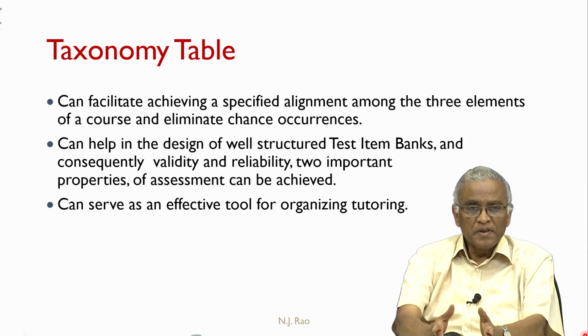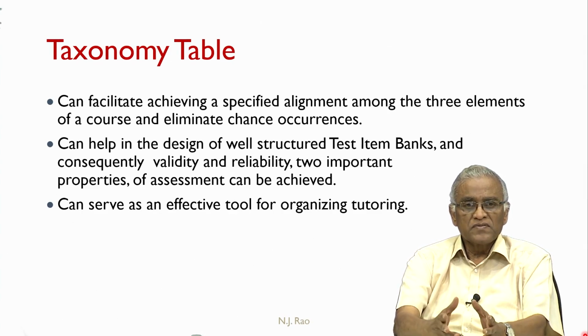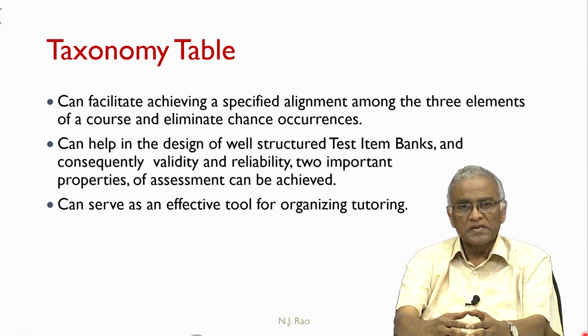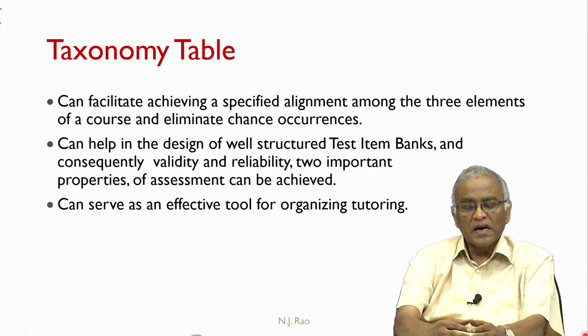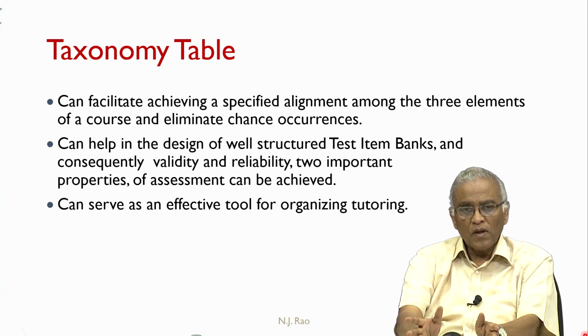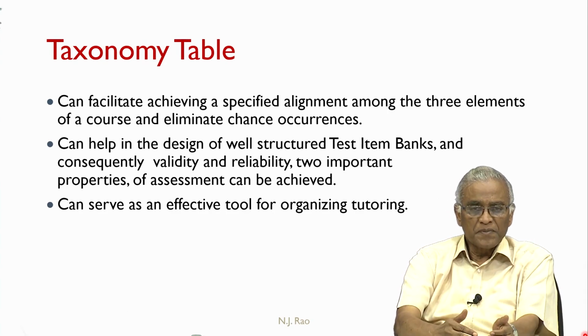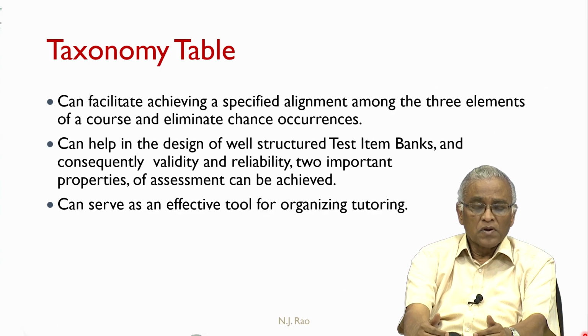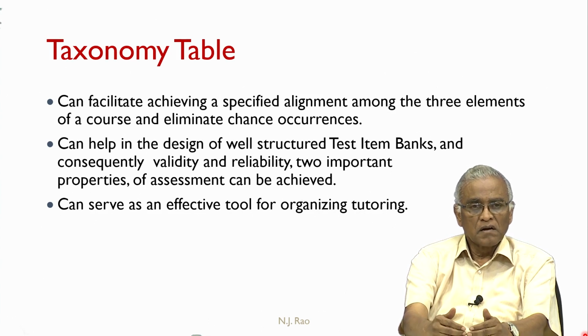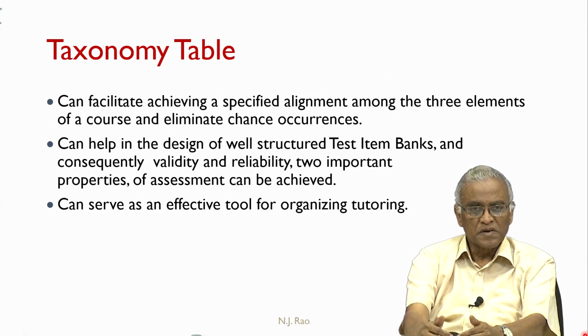It is a simple table, but it can facilitate achieving the specified alignment among the 3 elements of a course and eliminate chance occurrences, both in the university type of exam where you have affiliated institutions, and even in autonomous institutions where the teacher is likely to design the assessment instrument.